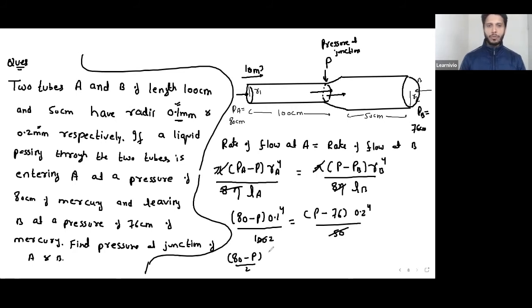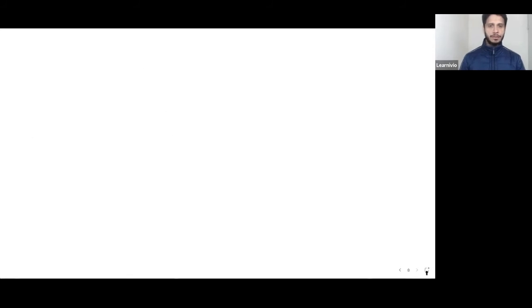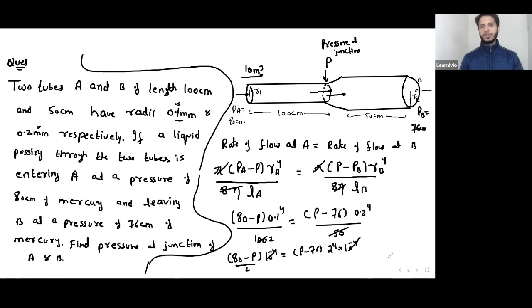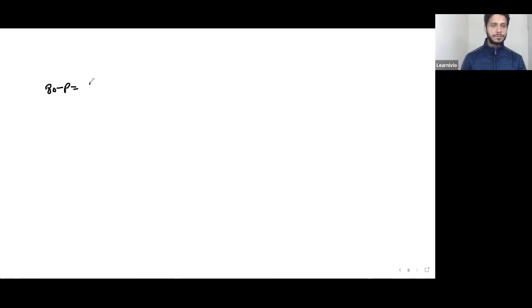0.1 to the power 4 means it's 10 raised to the power minus 4. Similarly here, this is P minus 76. 0.2 to the power 4 means it's 2 to the power 4 into 10 raised to the power minus 4. It gets cancelled out. So if I multiply the 2 here, this is 80 minus P equal to (P minus 76) into 2 to the power 4 multiplied by 2.